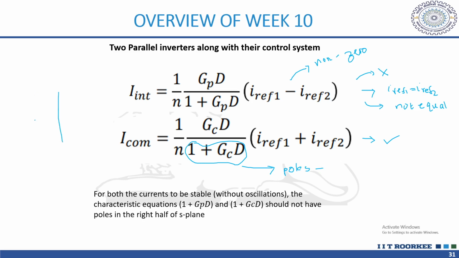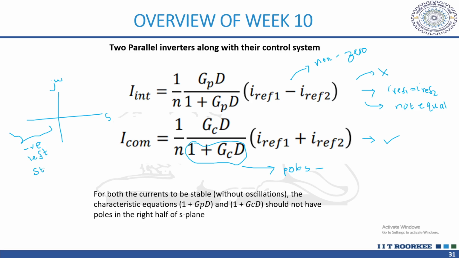If you remember the concept of control systems, where we convert this into S and j omega axes, the negative real part, that is the left half of the S plane, is stable.